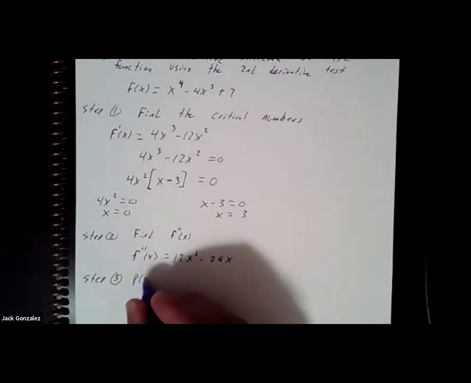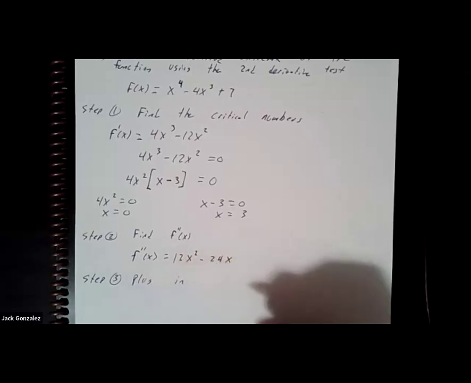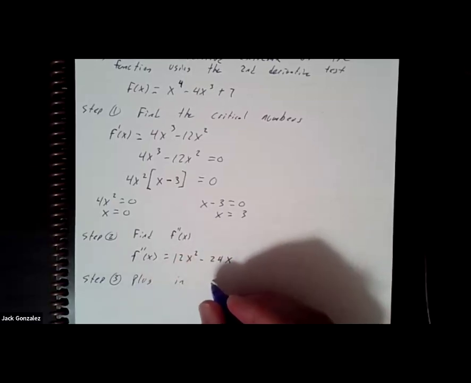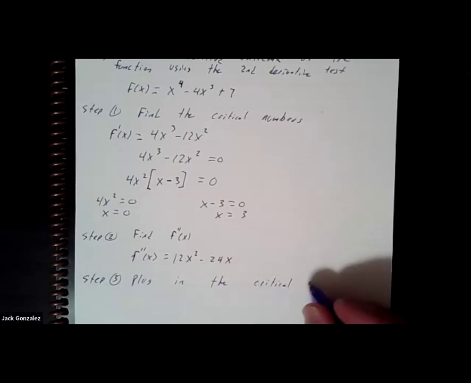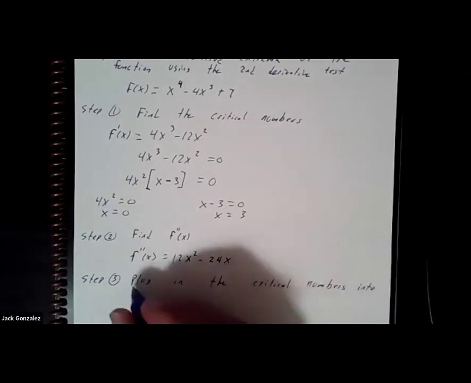Step three is just plug in the critical numbers into f double prime.